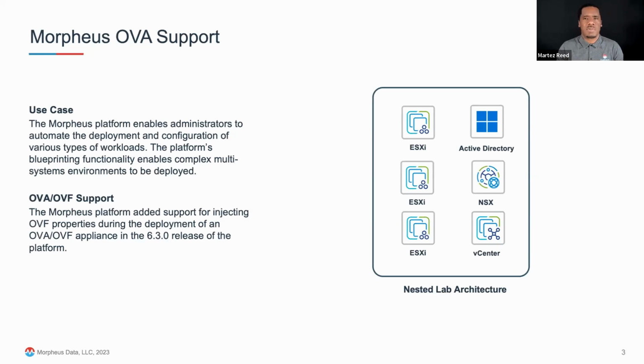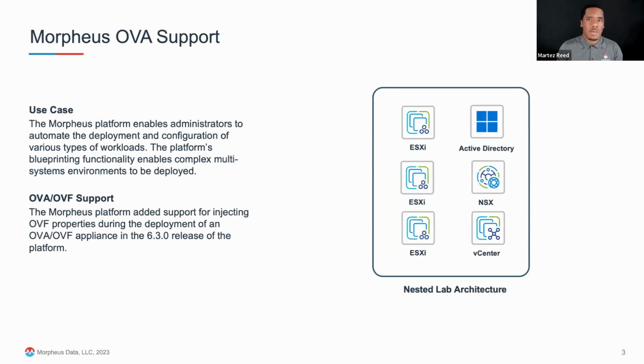As we see here on this particular slide, oftentimes in VMware environments, there's a desire to be able to deploy a nested lab environment for various testing of upgrades and changes and automation that doesn't break or impact a production environment.